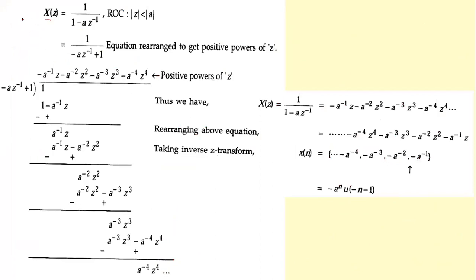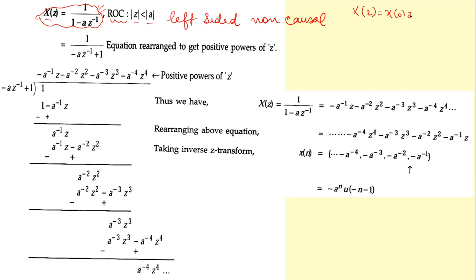In the second part, we have been asked to find the inverse Z transform of the same sequence, but here this particular Z transform will converge for the values of Z which are less than A. So that means this is a left-sided non-causal sequence. In a left-sided non-causal sequence, we have X(z) = x(-1)z^1 + x(-2)z^2 + x(-3)z^3, and so on.